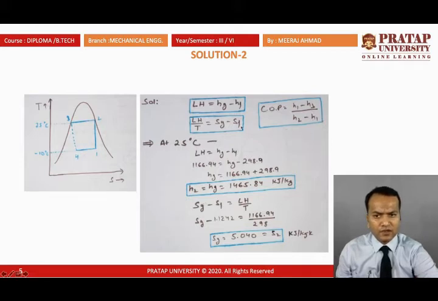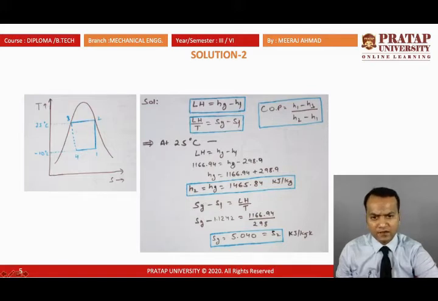Here you can find the H2 value from the table using this formula, and the H3 value, which is Hf at a temperature of 25 degrees Celsius, is given in the table. But you have to find the H1 value, because if you find the H1 value you get the COP. So first you have to find H1, then put the value of H1 in this formula, then you find the COP of the system.